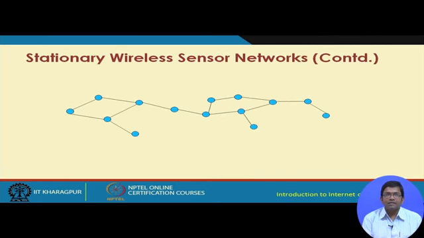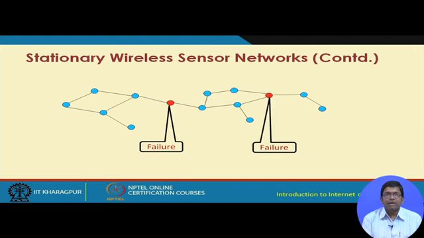So let us consider a stationary sensor network as shown in this particular slide. We have these red colored nodes as points of failure, because if this particular node dies for one reason or other, for example, the hardware in it has failed, it has stopped functioning, or maybe the battery that was powering that particular node is exhausted, what is going to happen as a consequence?